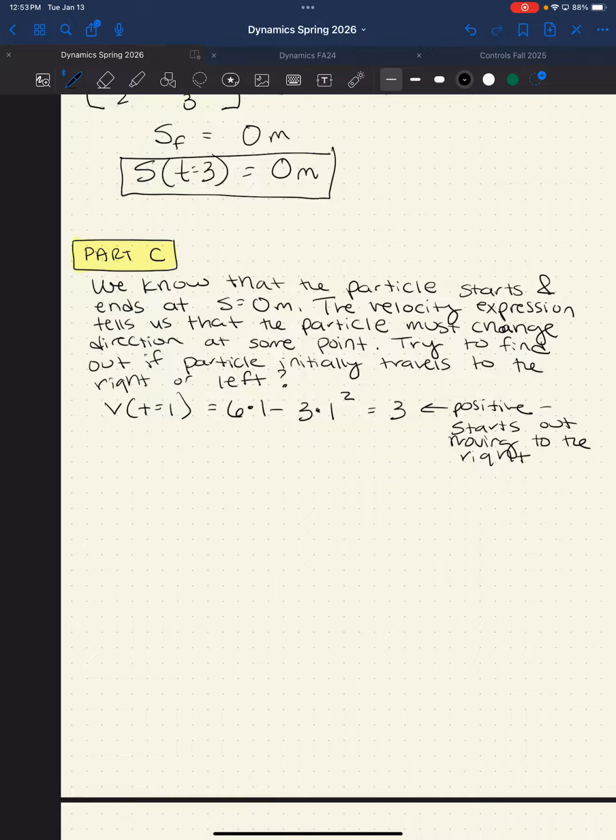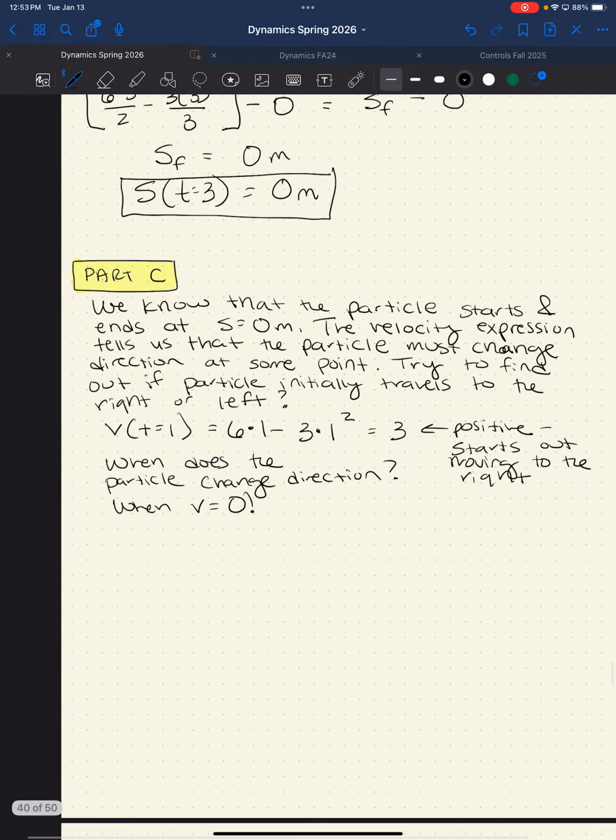Then we need to figure out when the particle changes direction. And you already told me this happens when v goes to 0. So let's set v equal to 0.